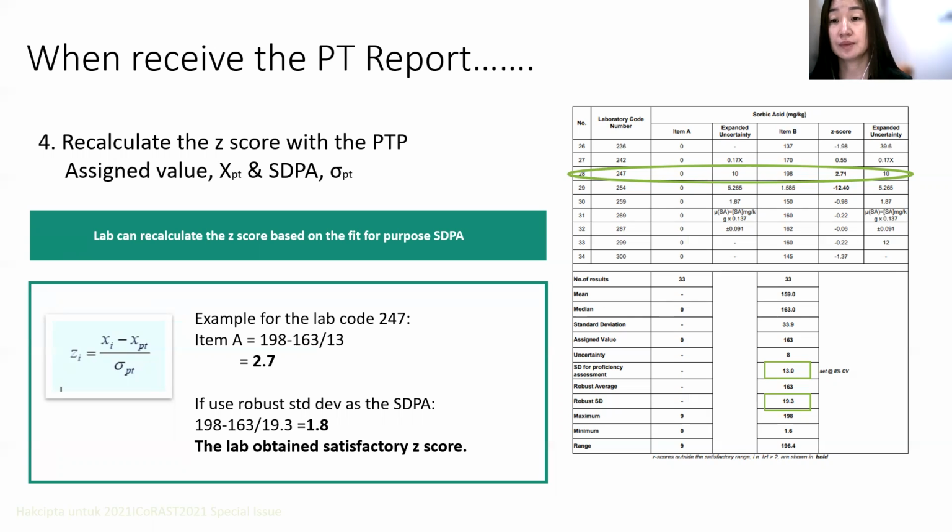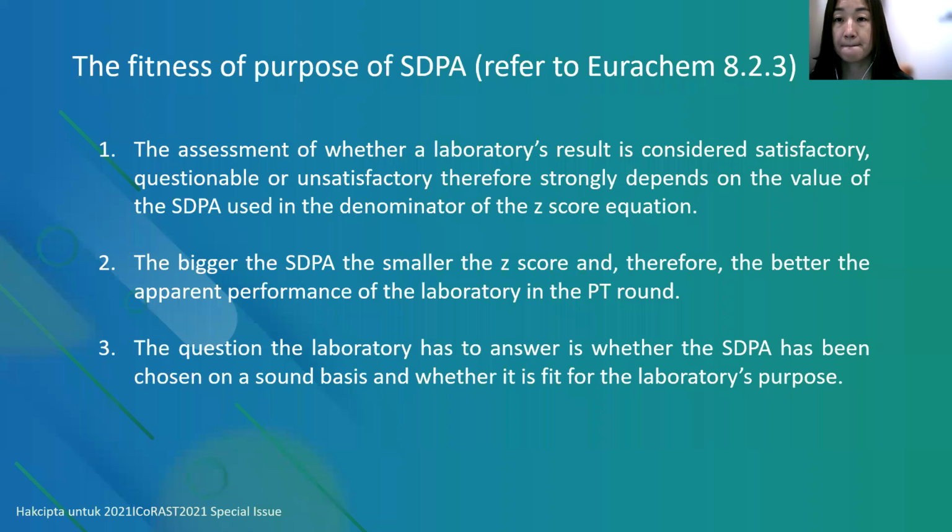From here, it shows that the lab is satisfactory, meaning that we need to choose the SDPA fit for purpose for the lab's usage. What is a fit-for-purpose SDPA?